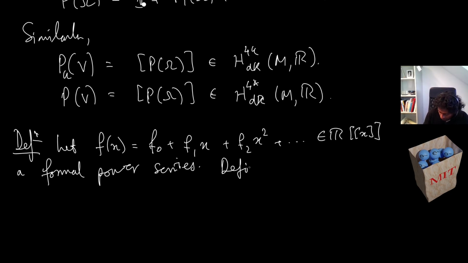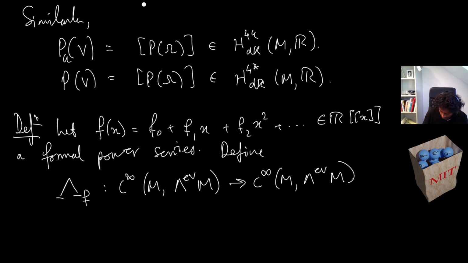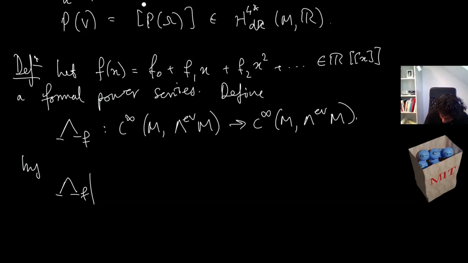Then we define the map capital lambda of f, taking us from sections of the even forms back into sections of the even forms by the restriction of this onto the k plus 1 forms, oh sorry, how did I do this?